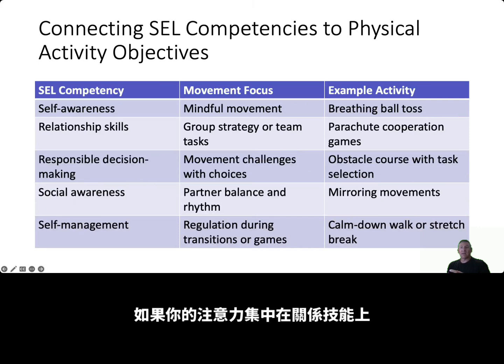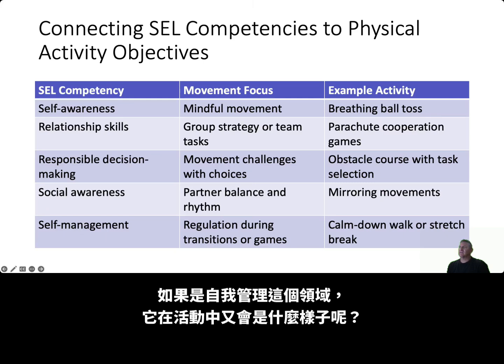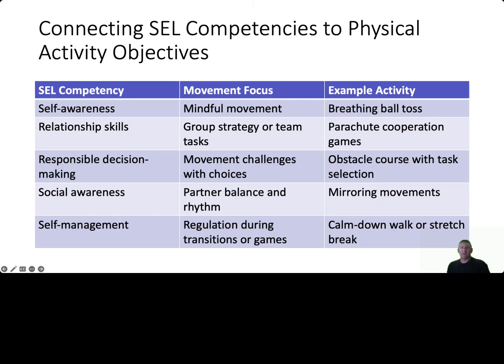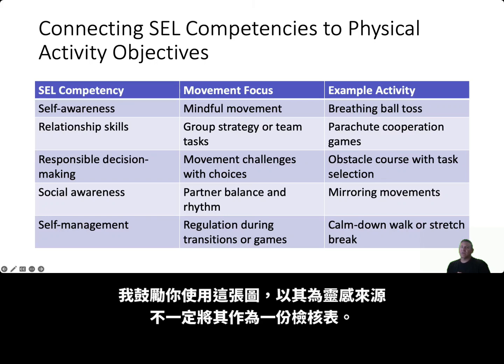If your focus is on relationship skills, how might you tweak a game to require communication and shared goals? If it's self-management, what does that look like mid-activity? I encourage you to use this chart as inspiration, not as a checklist.